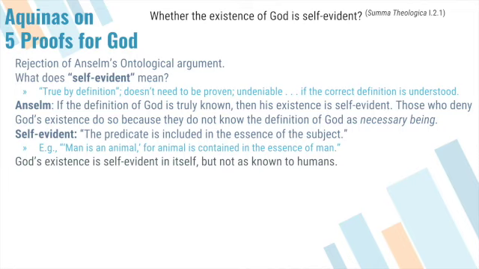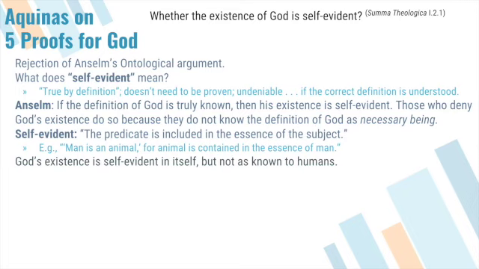All right? So Aquinas sort of affirms something about what Anselm is saying. He's saying that God's existence is self-evident in itself, but none of us know this. All right? So we all fall into the category of people in Anselm's statement where those who deny God's existence do so because they do not know the definition of God as necessary being, right?